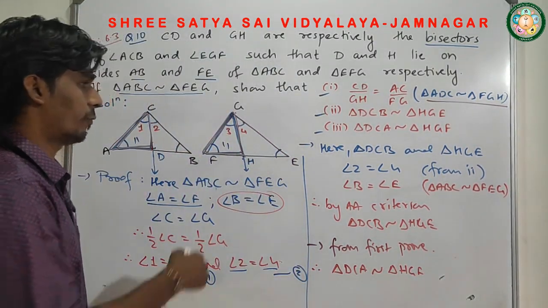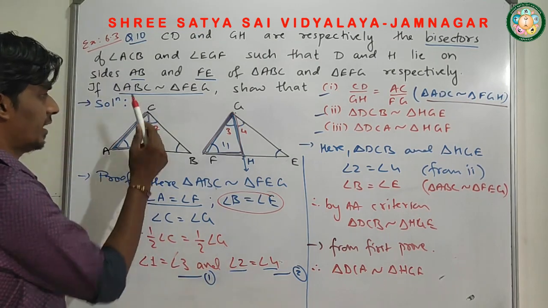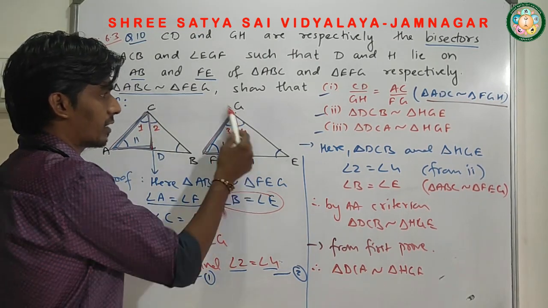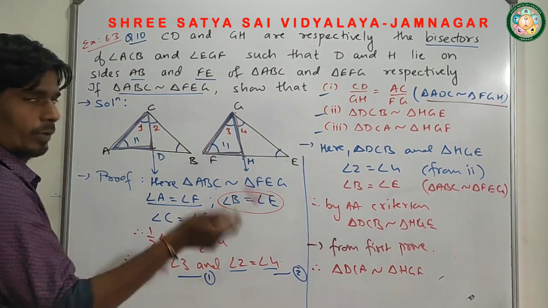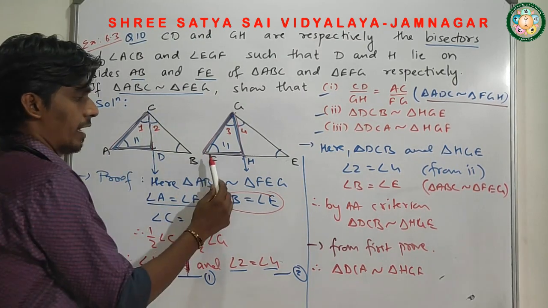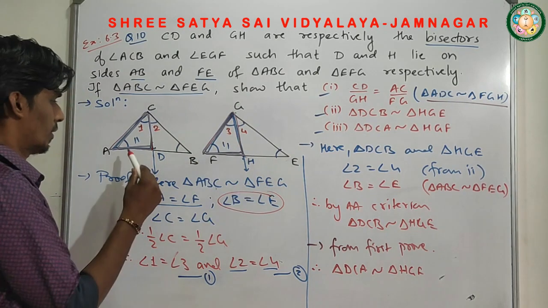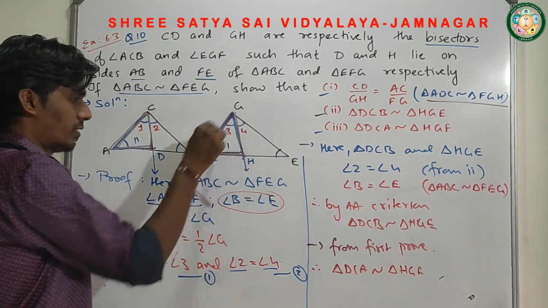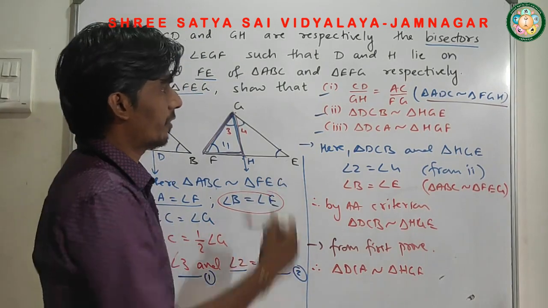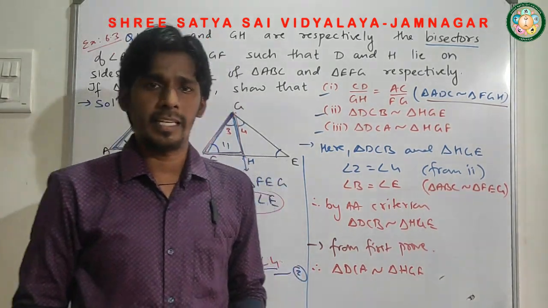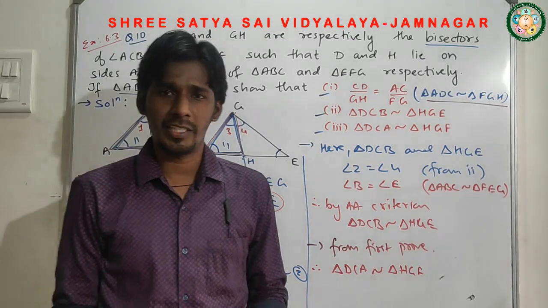The only thing in the first proof is that we proved ADC is similar to FHG, but both the triangles are the same. Whether you write ADC, FHG or you write DCA, HGF, they will remain similar. So this is the way we can solve question number 10 of exercise 6.3.